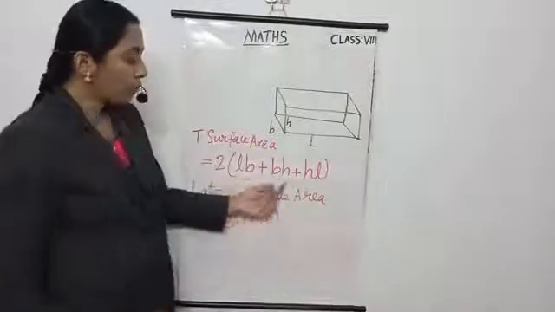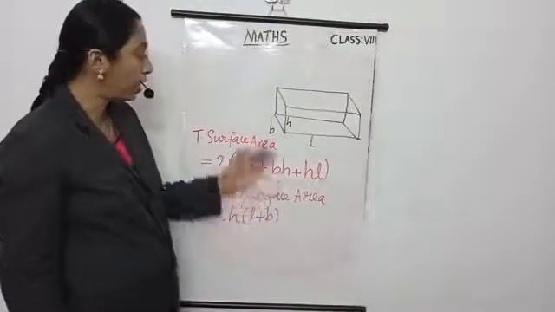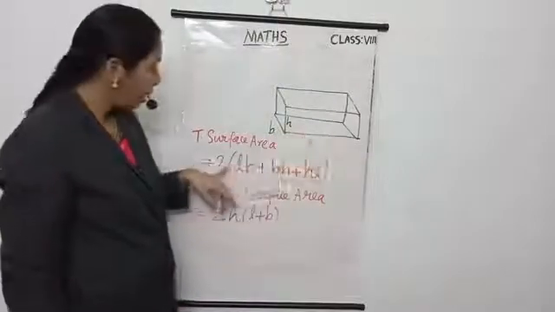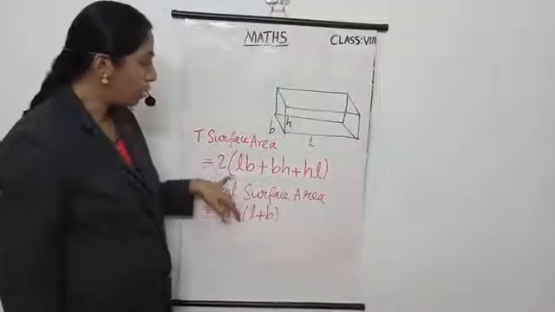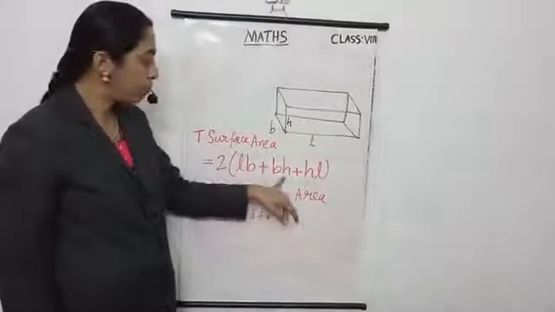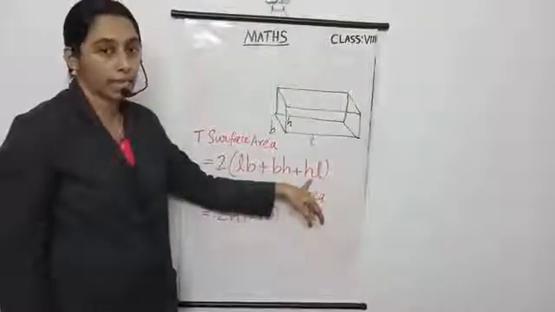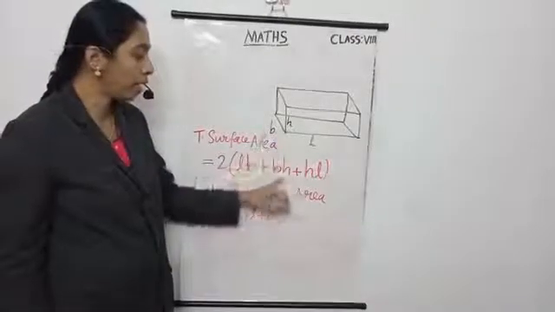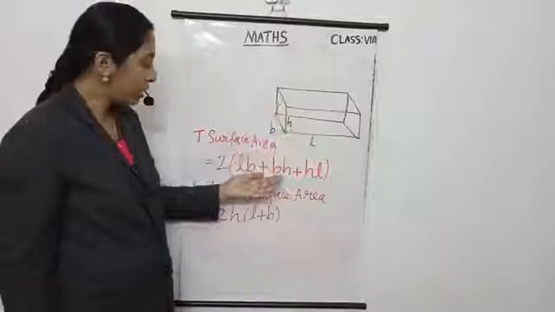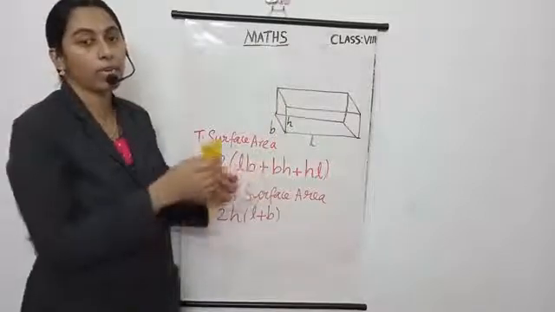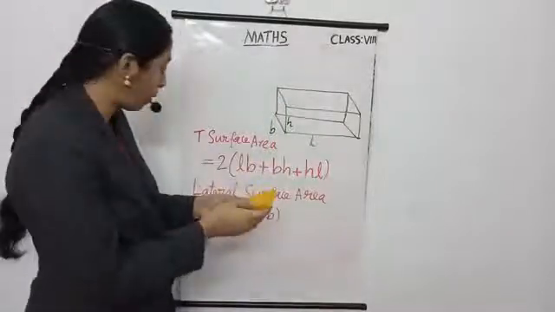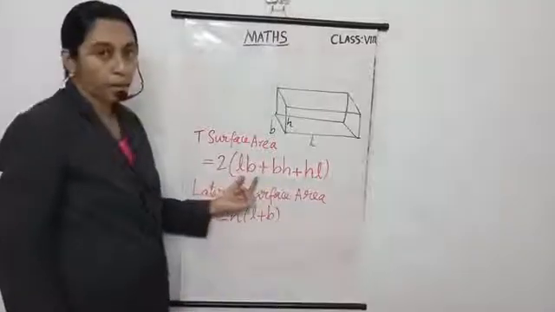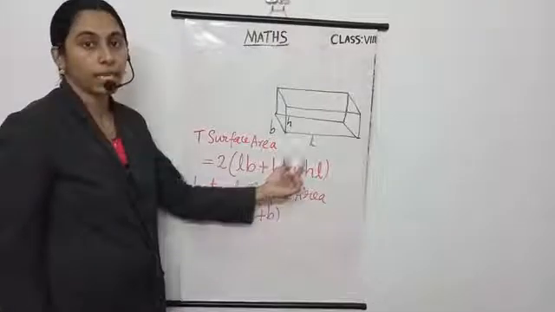So here we have a formula for finding total surface area: 2 into LB plus BH plus HL, that is 2(LB + BH + HL). L means length, B means breadth, H means height. So this is the formula for finding the total surface area of a cuboid.